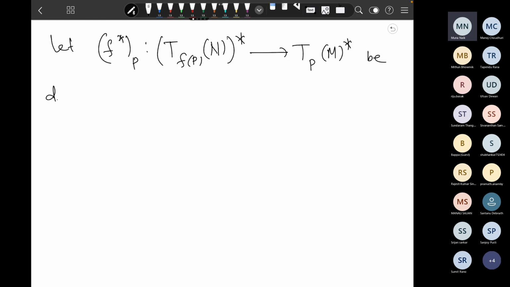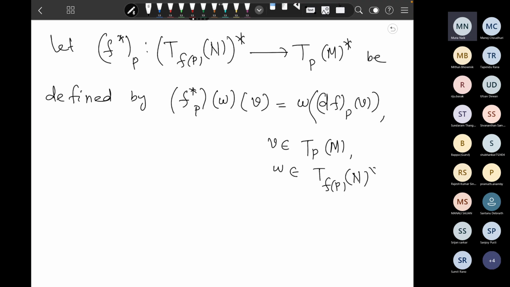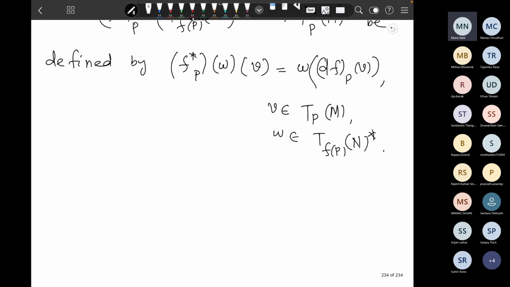F star P from TF(P)N star to TPM star is defined as follows: omega belongs to TF(P)N star, and it acts on V belonging to TPM by omega of DFP V, which is just the transpose of that map.